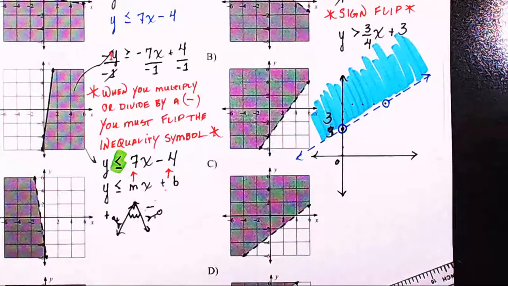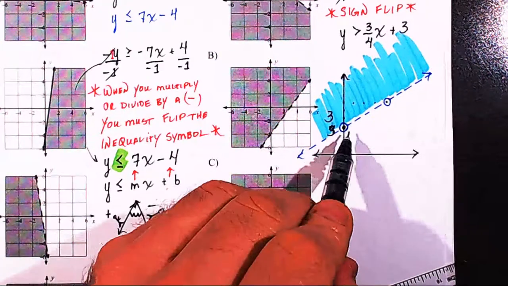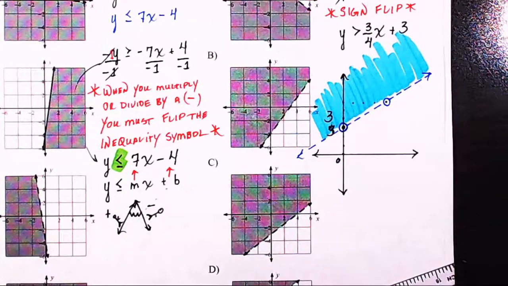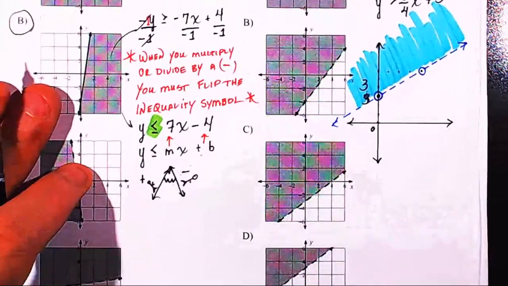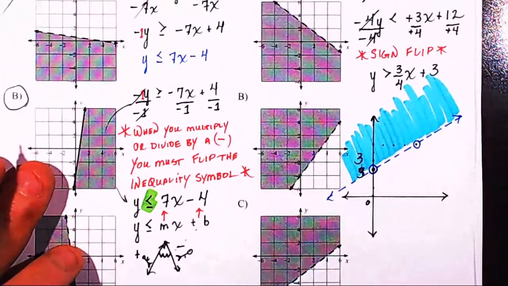Just like that. So I'm looking for something that looks like that. My key marker is going to be the y-intercept. Okay, so are there any solid lines that I can get rid of right away? Nope, I'm going to have to think about this.